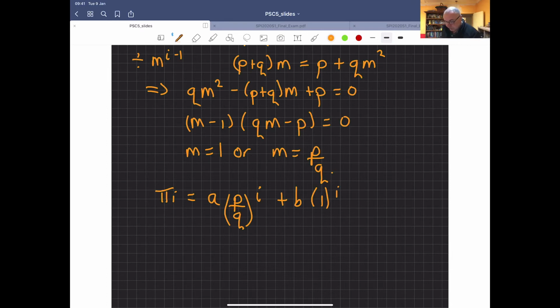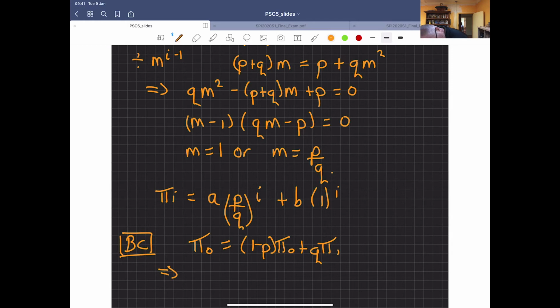So we've got two constants here, A and B, that we'd like to solve. The first thing we're going to use is the boundary condition. We know that pi 0 equals (1 minus P) pi 0 plus Q pi 1, which implies, if we rearrange and simplify, P pi 0 equals Q pi 1.